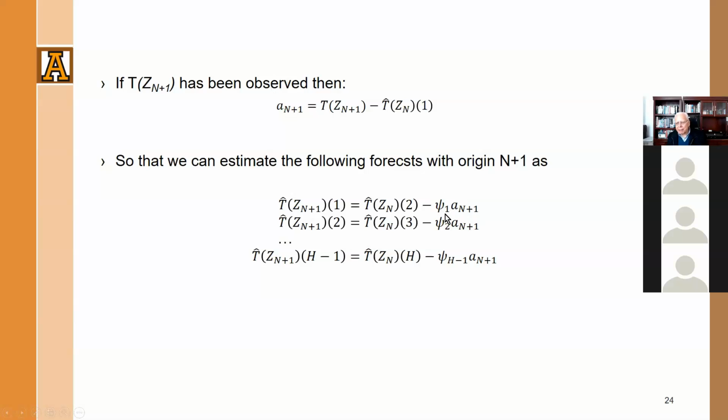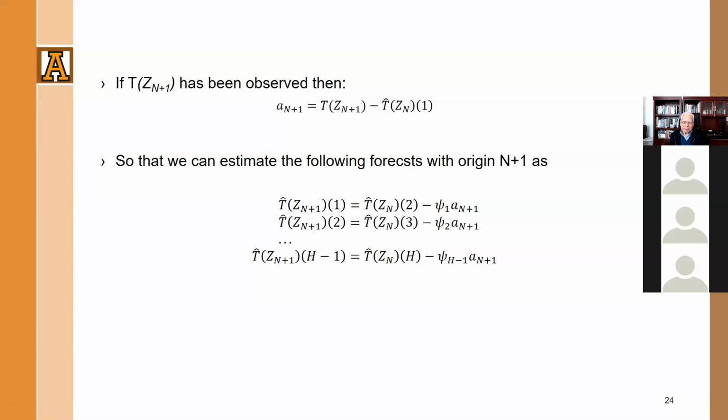And I just multiply it by psi_1, and then I update my forecast, the forecast that I had made for tomorrow, I update it based on the actual error, the A_{N+1} that I observed today.